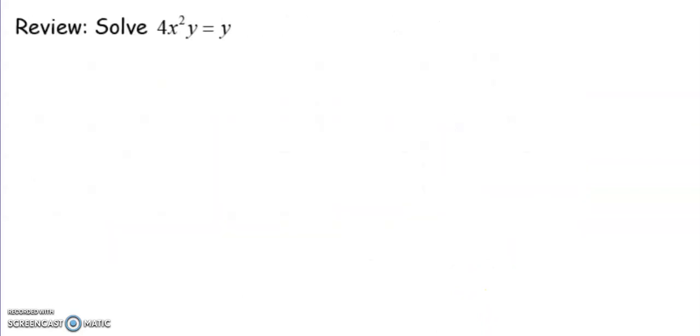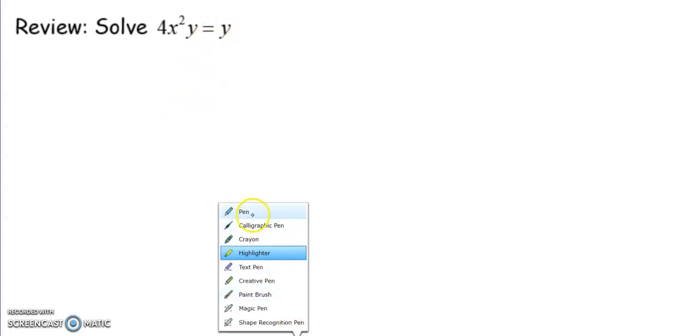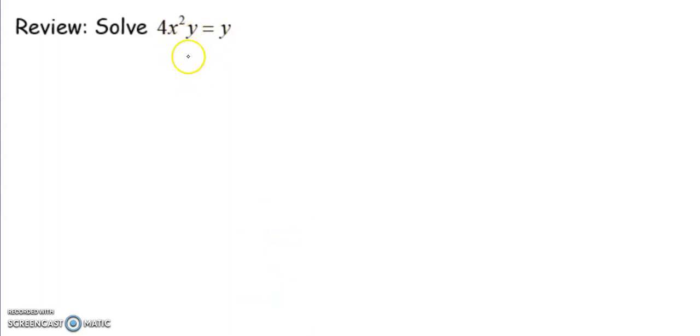Well, it's not always going to be a linear equation. Sometimes we're going to do some factoring. So remember, to factor anything, why I know I want to factor this is I have an x squared and I have a y. So the first thing I'm going to do when we factor is make this equation equal 0.